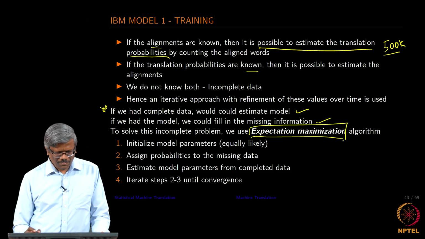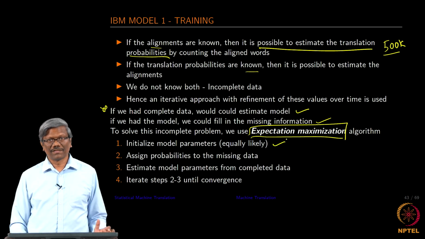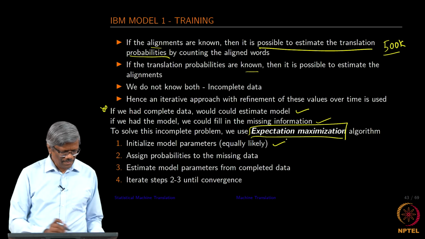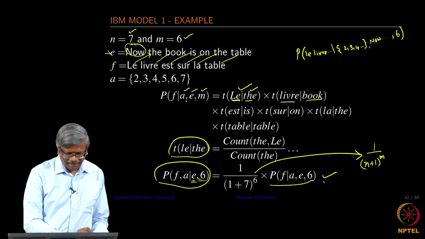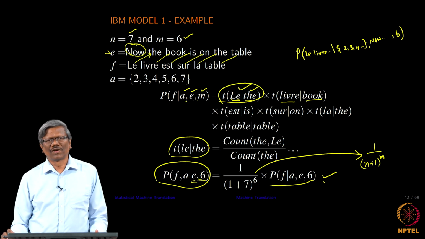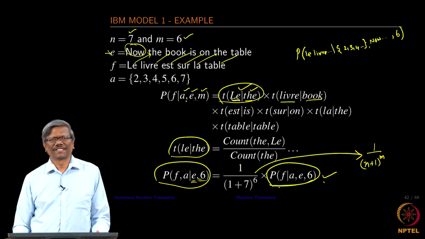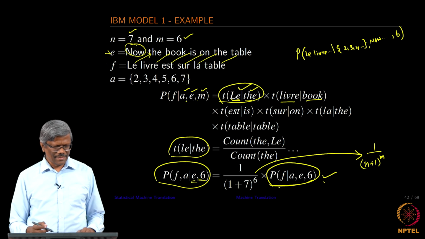Okay. So how do we start this? You initialize the model parameters. What are the model parameters that we spoke about? This is one model parameter that we want to find out. Okay. And then this is another one that we want to estimate. So in this case, both are incomplete, right?